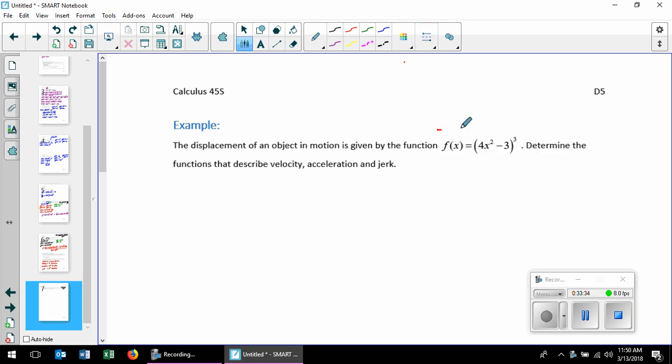All right, so this is your displacement. Everything is working off that original function. You have to recognize the composite function right away in order to do your chain rule. So if we are going to find velocity, that is my first derivative.